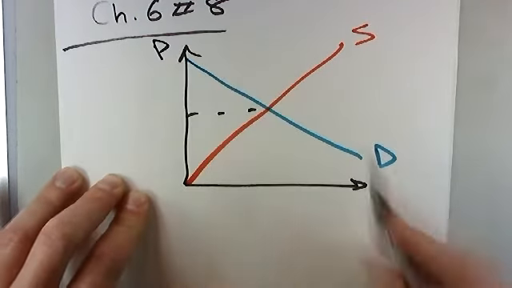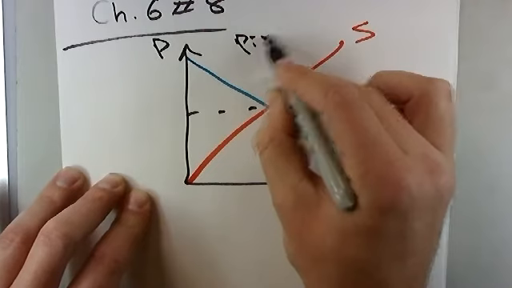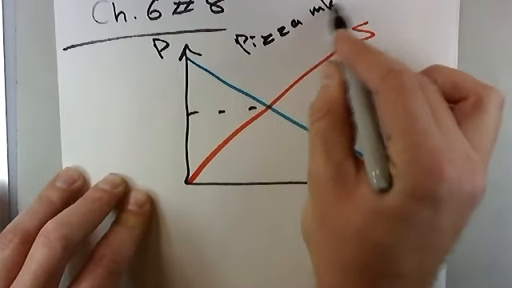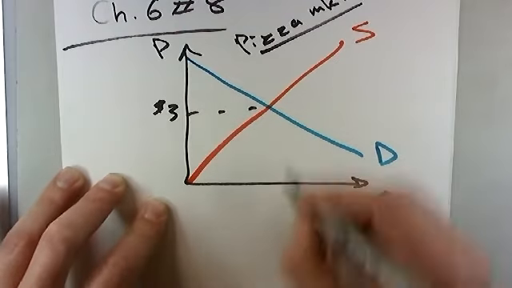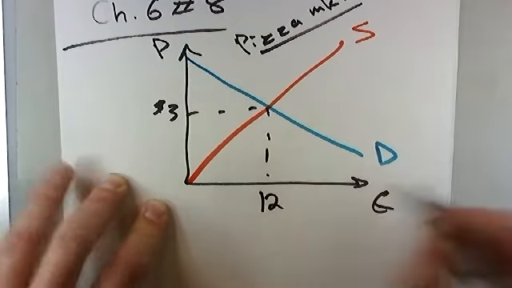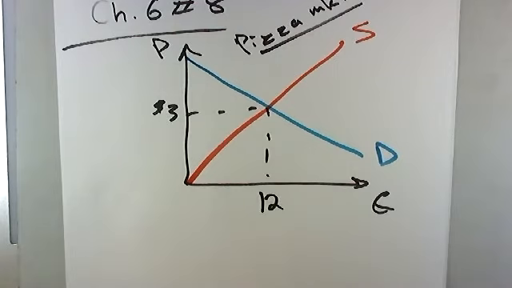Oh, price, quantity, pizza market. This is $3. Well, how do we go about calculating the producer's surplus, right?